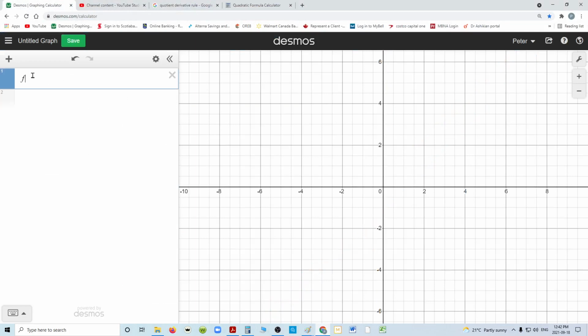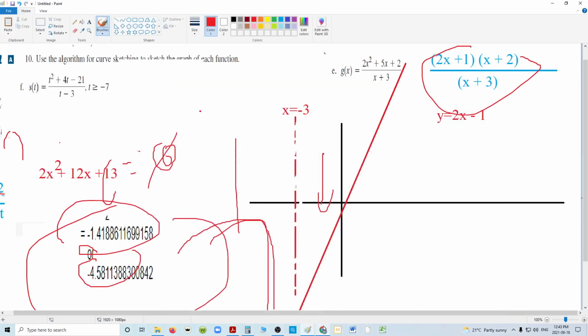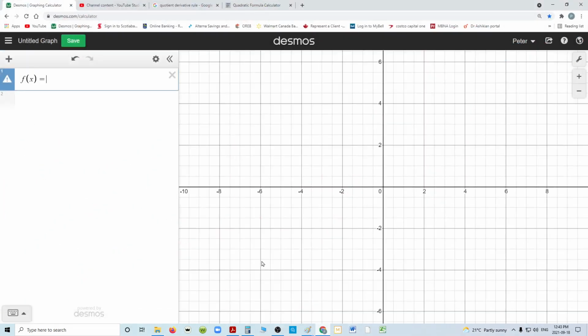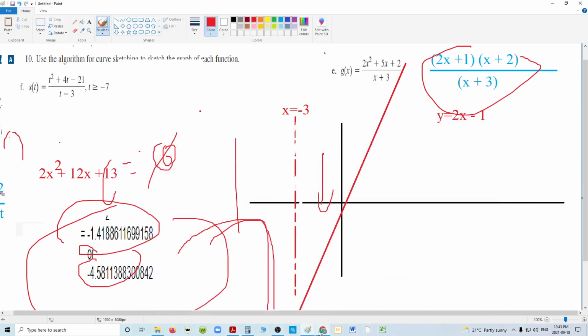So I'm going to come back to here. I'm going to do an f of x graph. What? Why is it doing that? It's equal to. And I'm going to start writing in the original equation. I'm going to write in the factored equation, actually, 2x plus 1, but I'm going to turn off the graph, okay? So this is as if you're just figuring out some numbers. And we're going to do x plus 2.